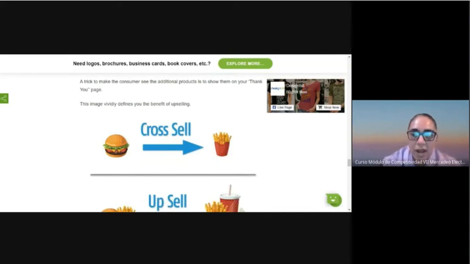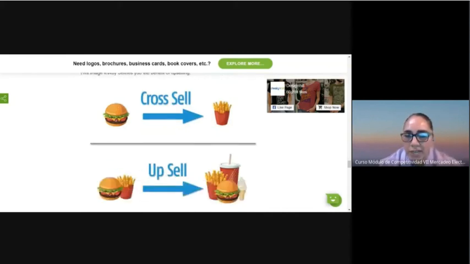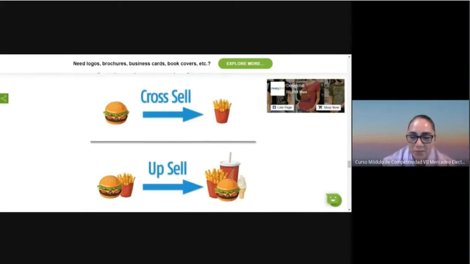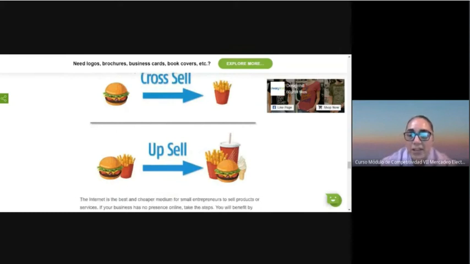You have here a hamburger and you have here some potato fries. But what happens if you just see this hamburger? If they put these combos that have fries, probably an ice cream, a drink, you sell more products, and that's what you want. That's a strategy.